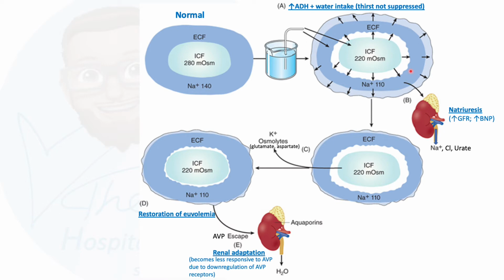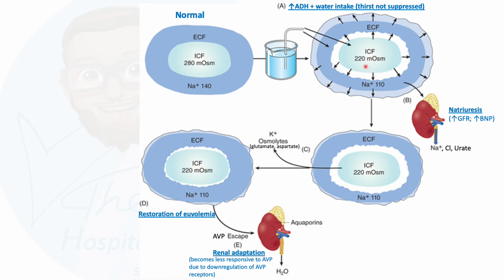Now, the kidney will recognize that, and somehow there is a mechanism that happens inside the kidney to try to compensate and correct this by getting rid of salt, solutes, sodium, and subsequently water to try to decrease the volume. That process is natriuresis. We don't know exactly why natriuresis happens.